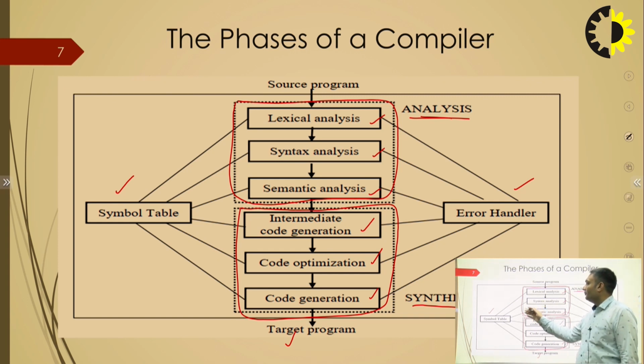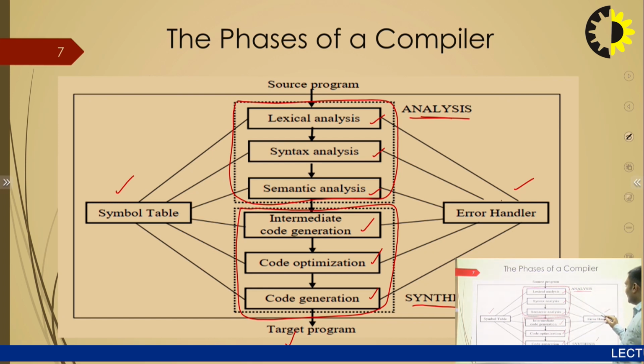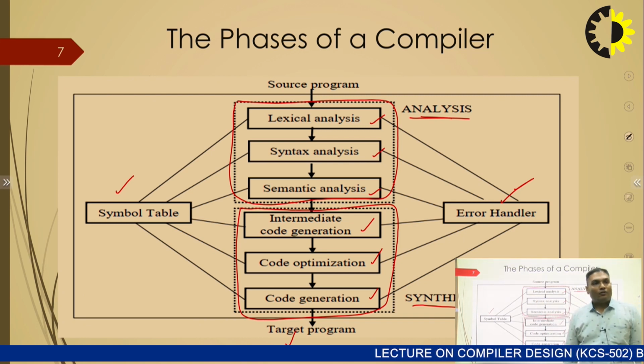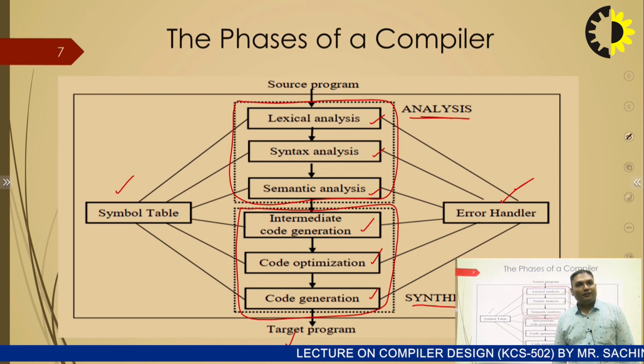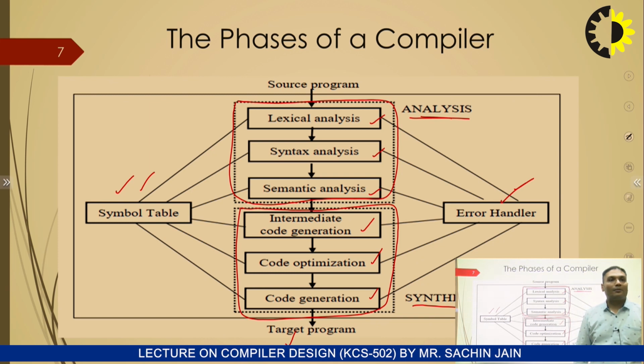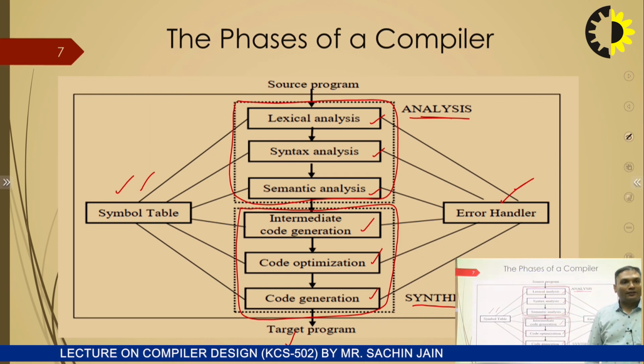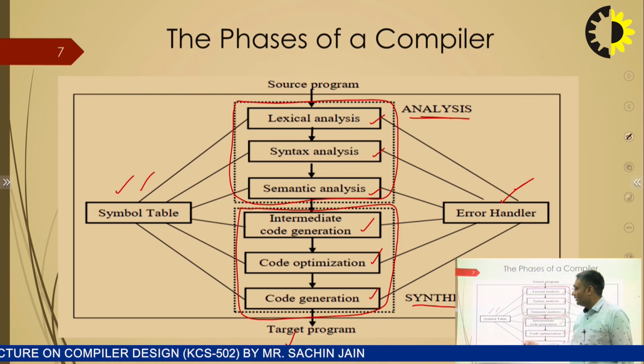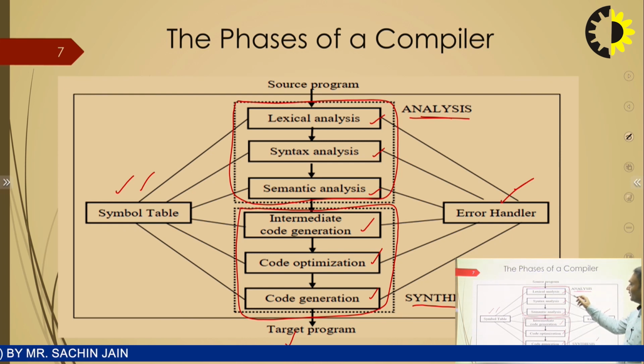If some error occurs in any of the phases, there is an error handler mechanism, and all the necessary data required by the different phases are stored in the symbol table. So the symbol table maintains the data structures required by the different phases of the compiler, and you can see there is a connection between all the phases and the symbol table, and similarly between the error handler and all the phases of the compiler.